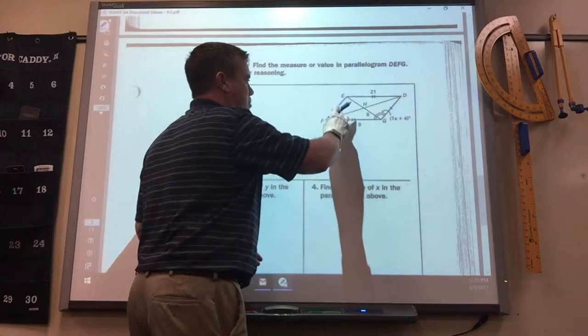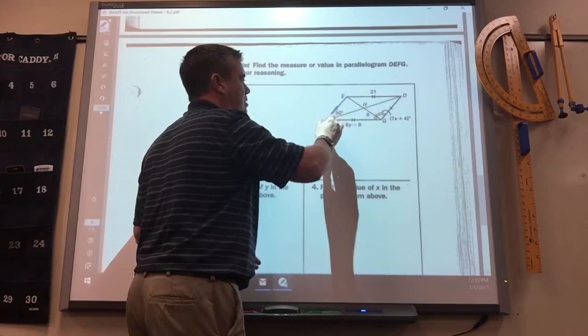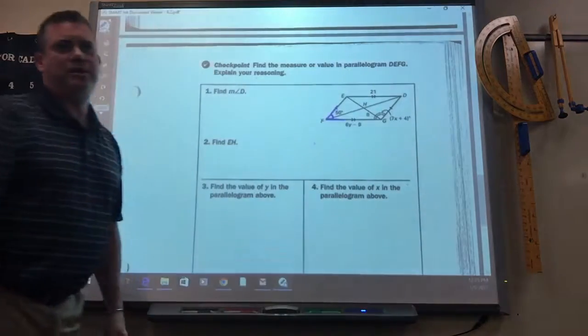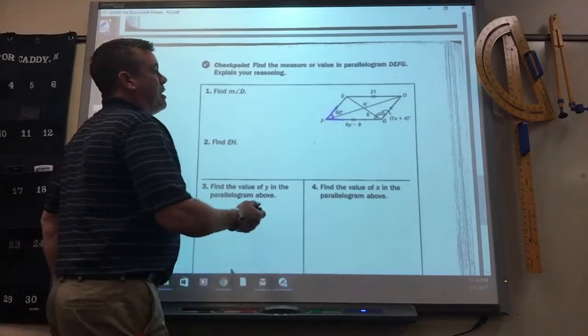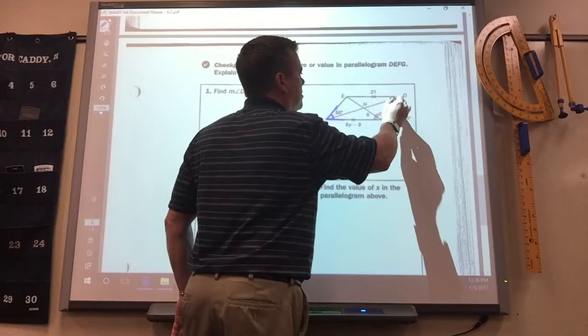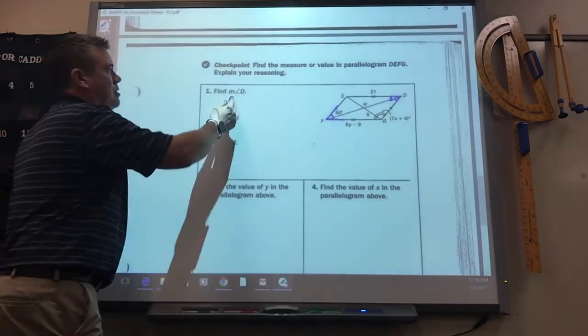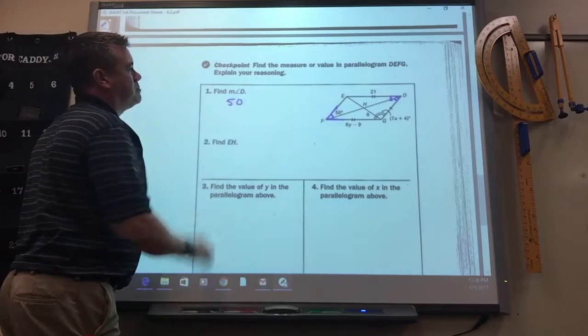And I don't know why they don't just put it right on the line, but since this goes all the way across, that means the whole angle is 50. That's the only thing that's kind of confusing in those. So since this is 50, so is that, right? So there's the answer to that. Measure of angle D is 50.